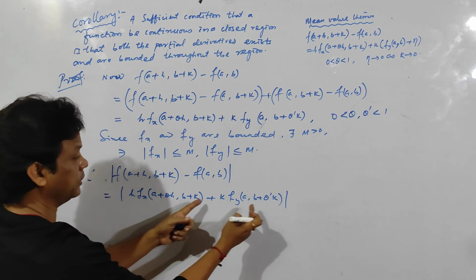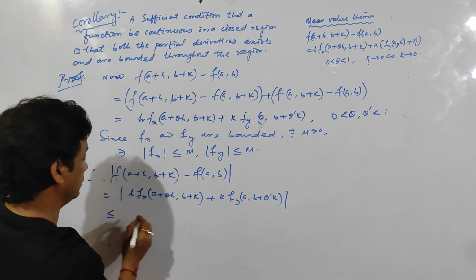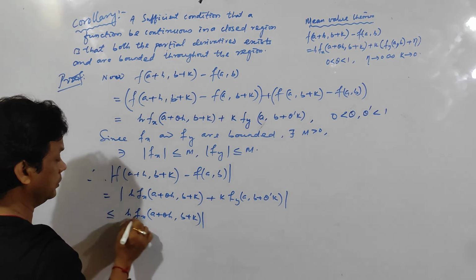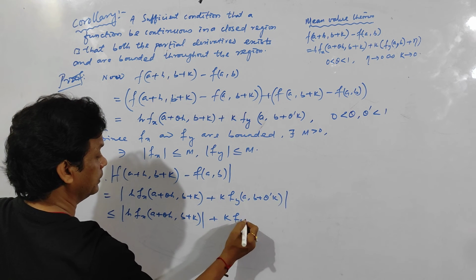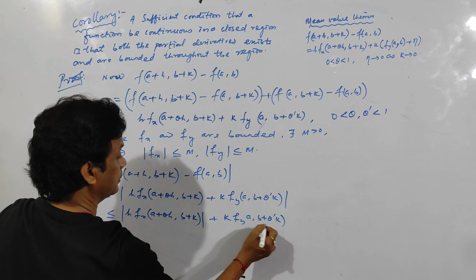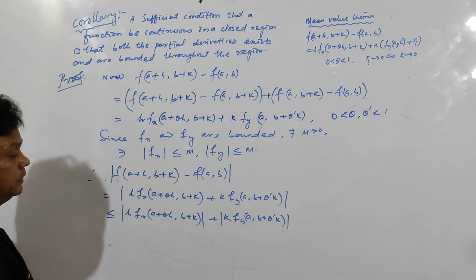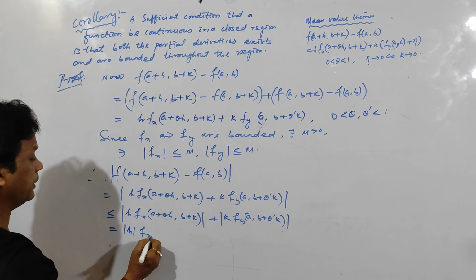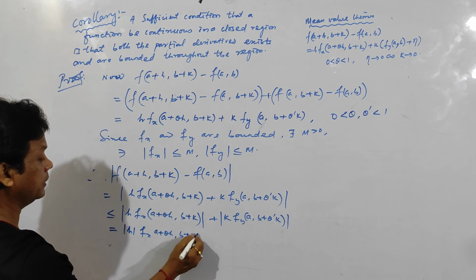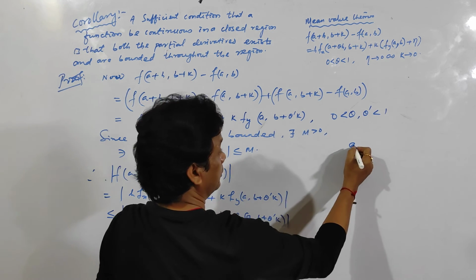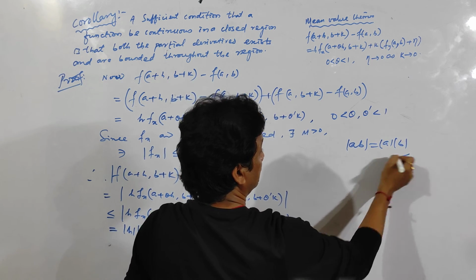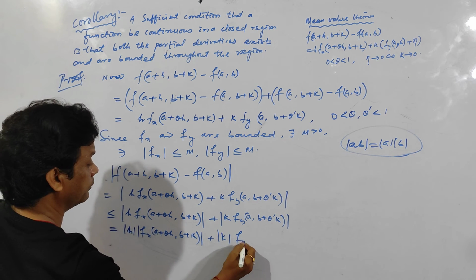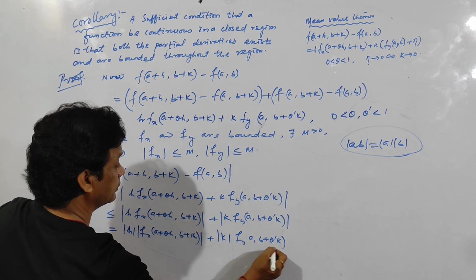So mod of a plus b is less than or equal to mod a plus mod b. So this is less than or equal to mod of h into fx at a plus theta h, b plus k, plus mod of k into fy at a, b plus theta dash k. And this quantity is equal to mod h into mod fx at a plus theta h, b plus k, because mod of ab equals mod a into mod b, plus mod k into mod fy at a, b plus theta dash k.